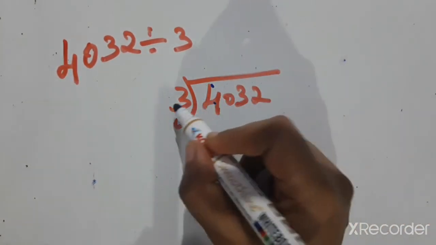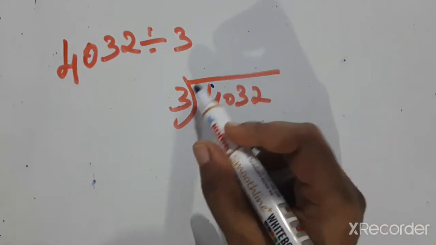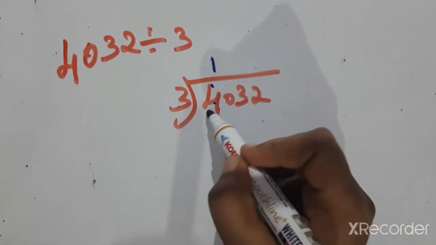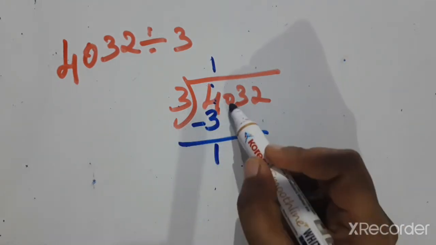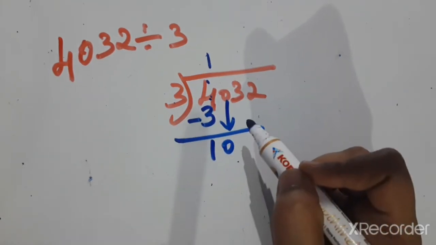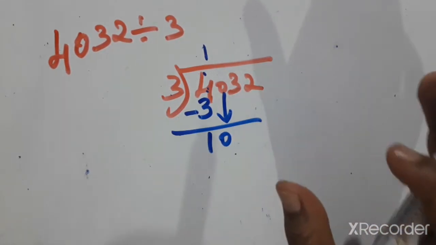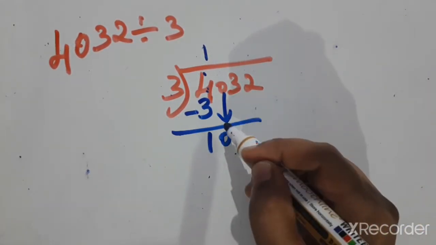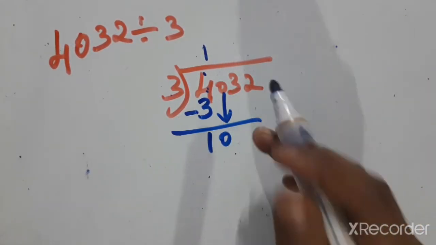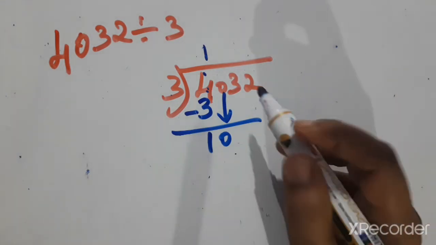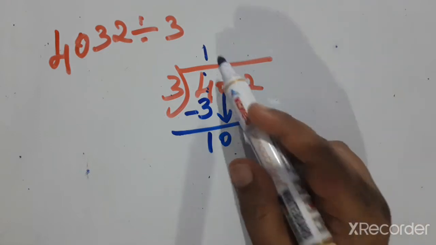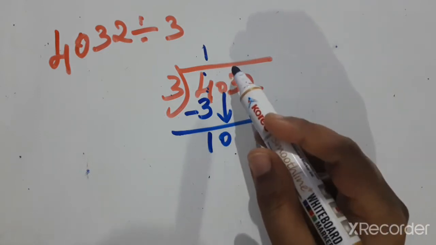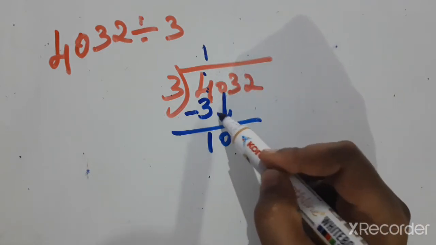Yes, because 4 is greater than 3. 3 ones are 3, 3 2s are 6 is greater, so 3 ones are 3. 4 minus 3 is 1. One number should be carried down. It is the safer side to carry only one number down, meaning bring only one number down each step.